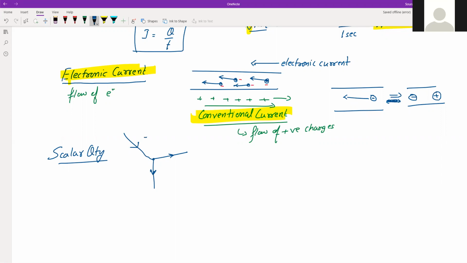So suppose this is 5 amperes, this is 2 amperes, so this will be 3 amperes. Simple, it does not depend on the direction. Just like any normal scalar, the same mathematics or arithmetic is applicable. So that is about the introduction of electric current.